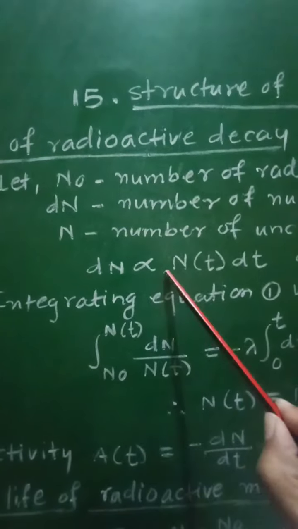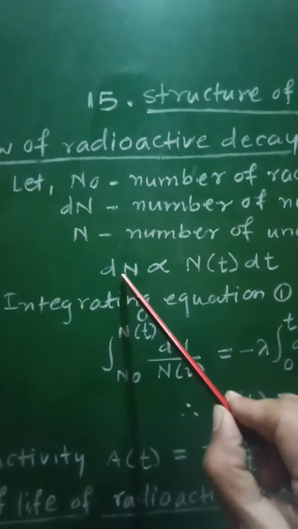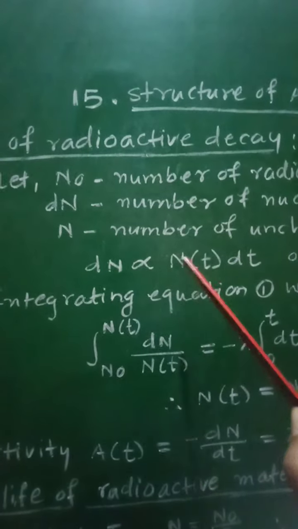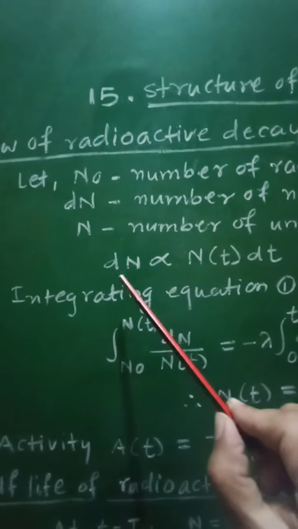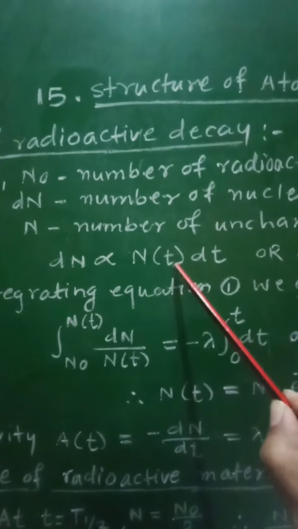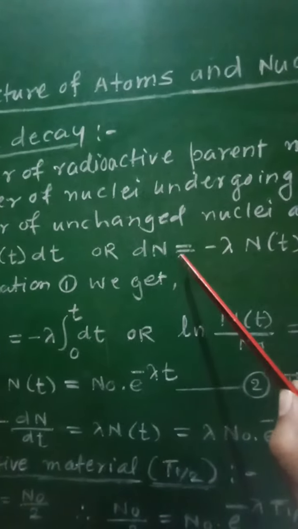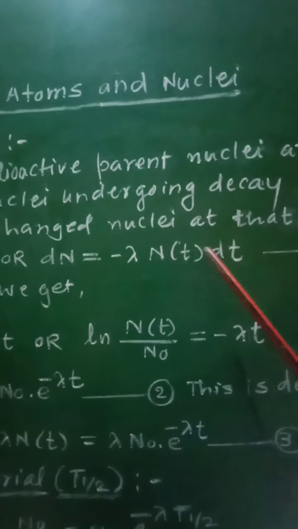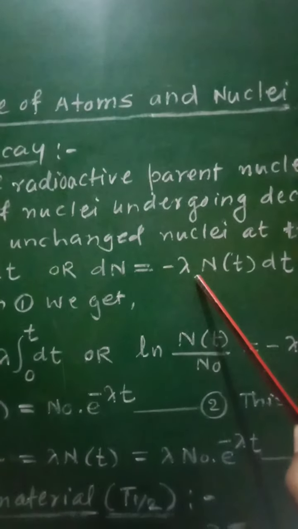So actually here the rate of decay of the number of nuclei, that is dN by dt, will be proportional to the number of unchanged nuclei present at that time, and therefore we can write dN proportional to N at time t into dt. Or removing the proportionality sign, we can write dN equal to minus lambda N(t) into dt, where this lambda is called the decay constant.